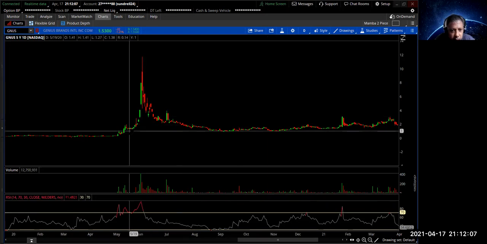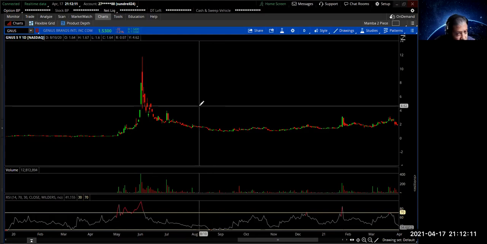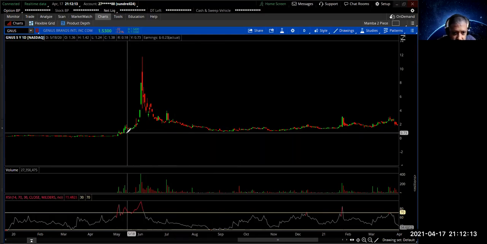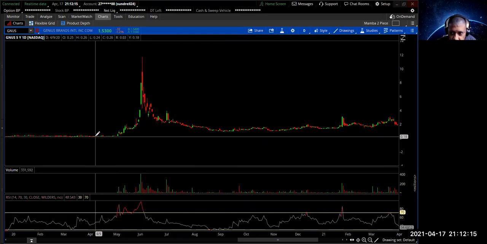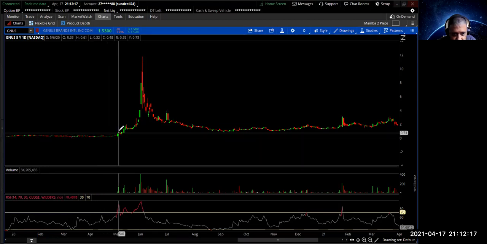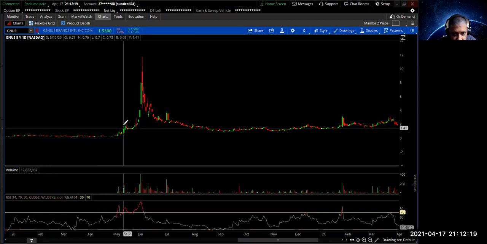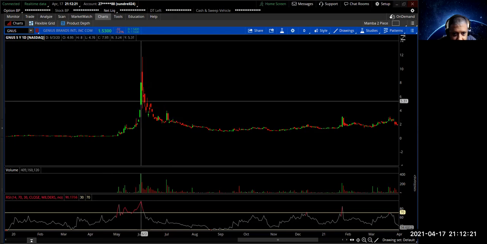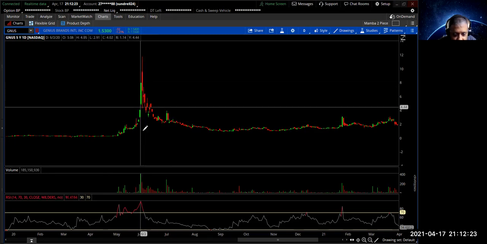But again, guys, this is one of the common threads that you will see on charts. You see a low, like 18 cents, 19 cents, go up to a couple of bucks or a dollar, stair step up, then you'll see that blast off right here.